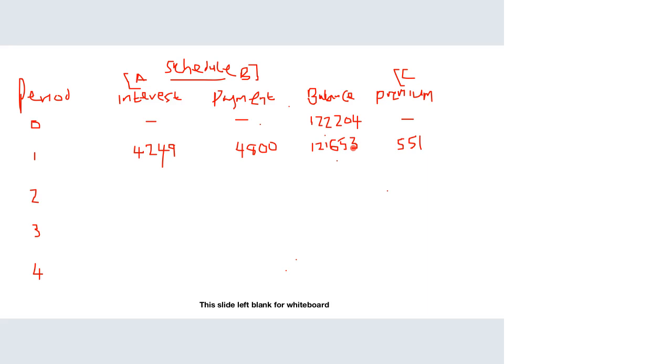Now we can go to year two. Again, the payment for year two will be the same. So now for year 2, 3, and 4, column A, column B, and column C will be the same. What will be changing is the balance, the column where we have the balance.